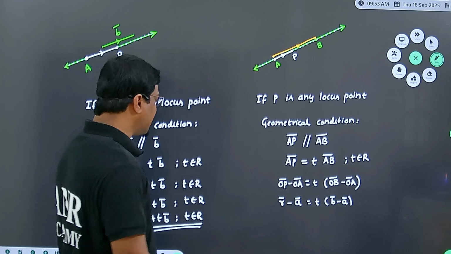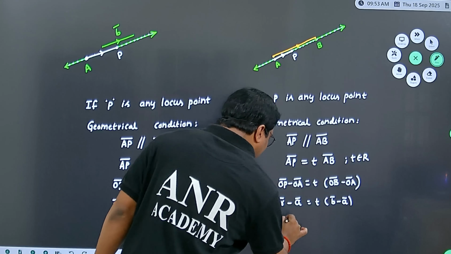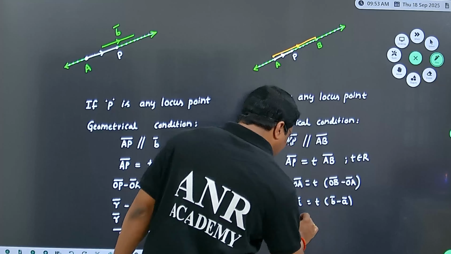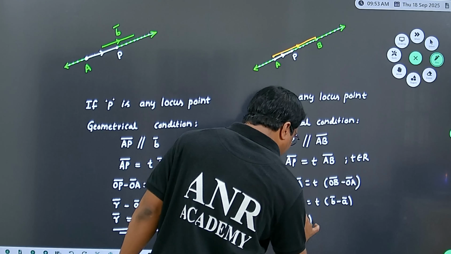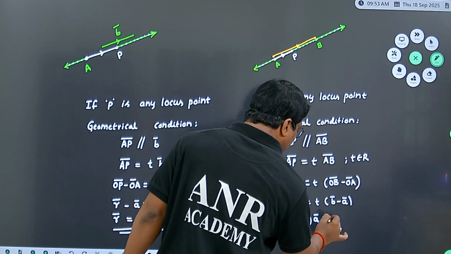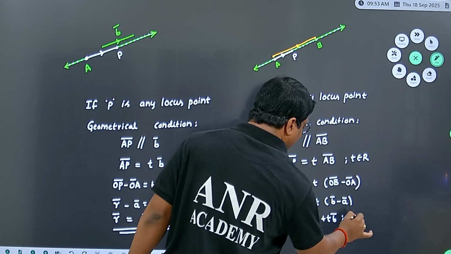If you simplify this, finally we get R bar equal to, taking A bar terms to one side in one bracket, (1 minus t) into A bar plus t B bar, where t is a real number.